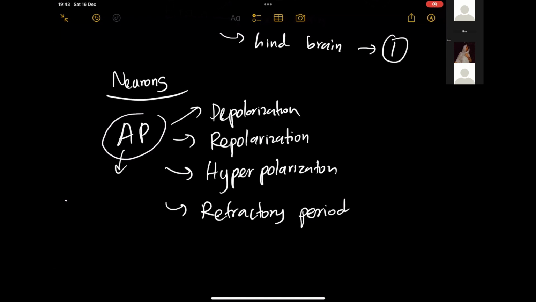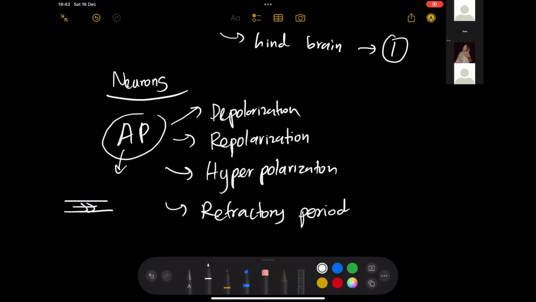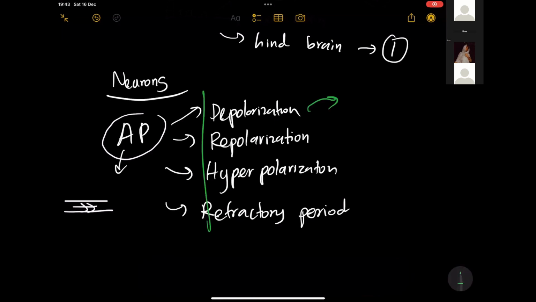Depolarization means, remember, in a cell membrane, usually this is the cell membrane of a nerve, a neuron. Always inside is negative. Negative what? 70 millivolts. So this is the normal way. This is the resting membrane potential. Depolarization means change in this polarity. Polarity means a charge difference. So minus 70 means compared to outside, inside is minus 70, right? So depolarization is making a change in this voltage difference.